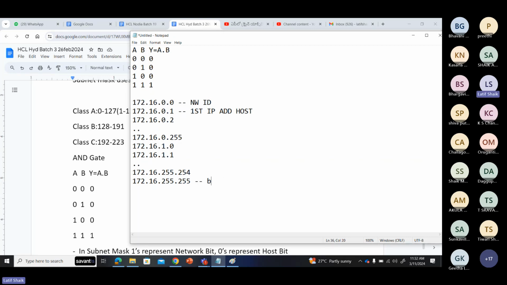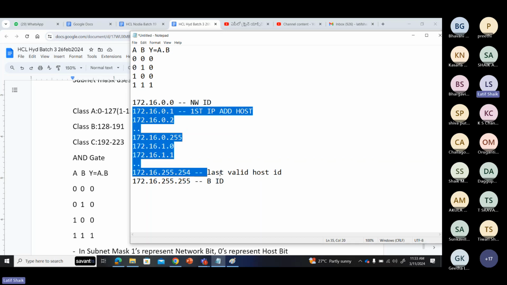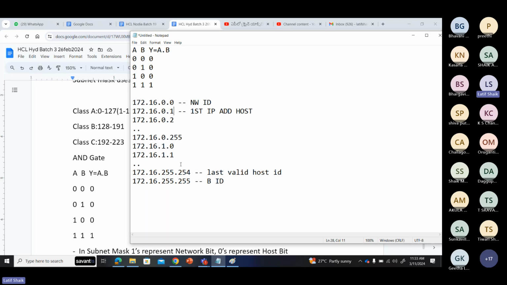What is this? Not last ID, it is a broadcast ID. This is called a broadcast ID. This is the last valid host ID or host IP address, you can say. So you can assign from here to here. It is not 254. It is now two host portions. So it is different, right?